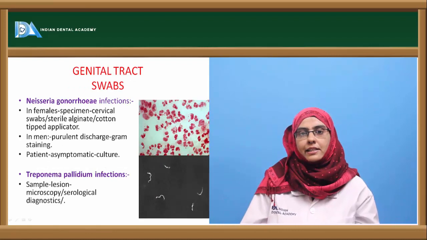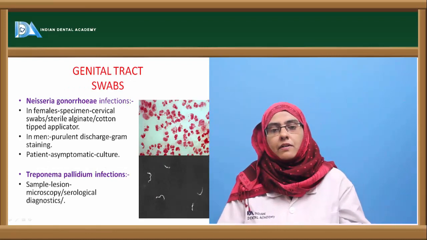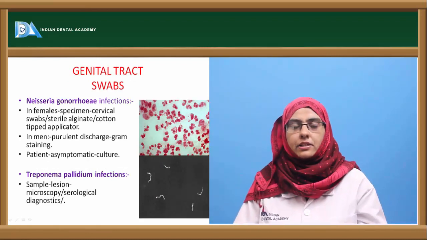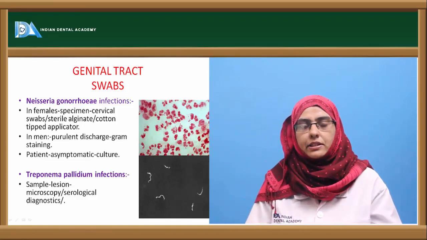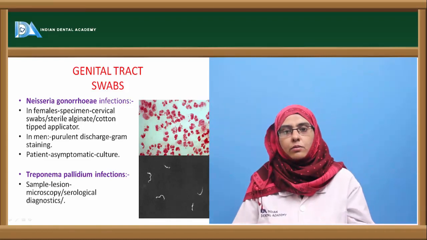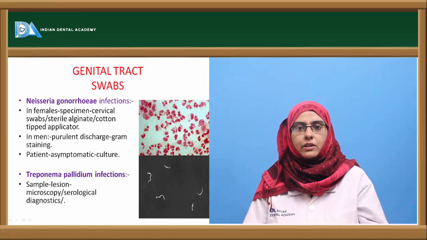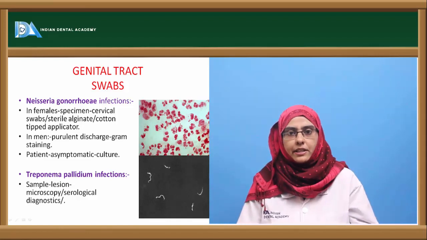Now coming to the genital swabs, mostly for people suffering from genitourinary infections caused by sexually transmitted organisms. Here there are two main organisms that usually cause STIs, that is sexually transmitted diseases.